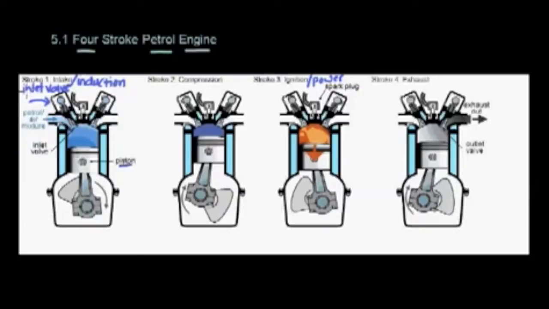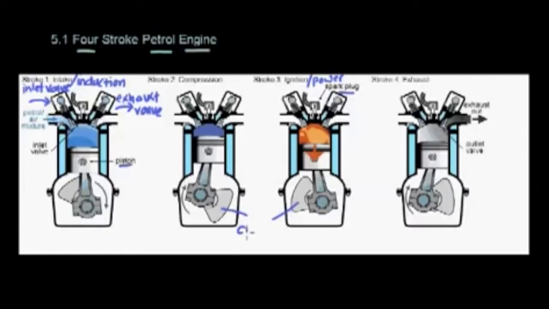Besides the inlet valve, we also have an exhaust valve. For petrol engine, there is a spark plug, and the cylinders are connected by the rod to the crankshaft. Where is the crankshaft? This part here that you see is called the crankshaft.